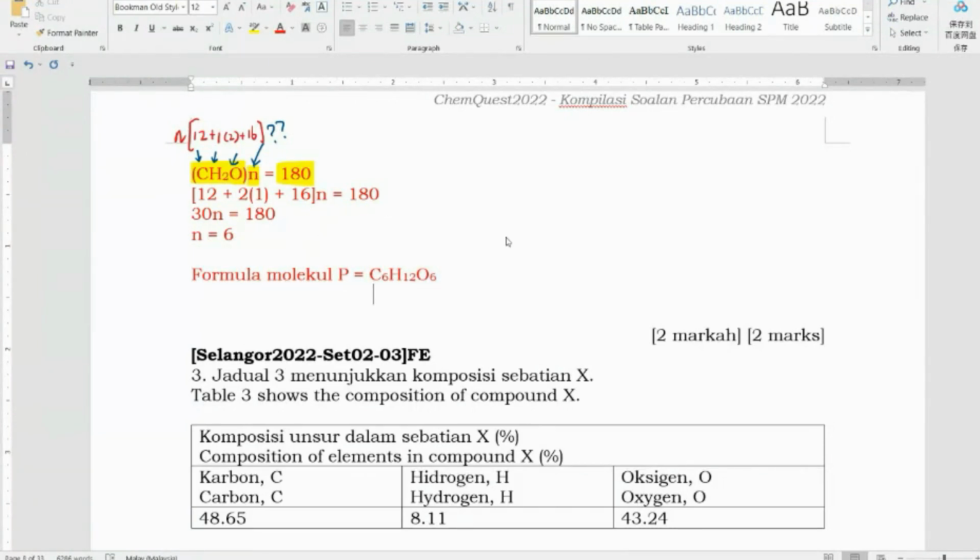How to times n? CH2O, and n is 6, right? So becomes C6, H2 times 6 is 12, and O1 times 6 is 6. So this is the molecular formula of P.